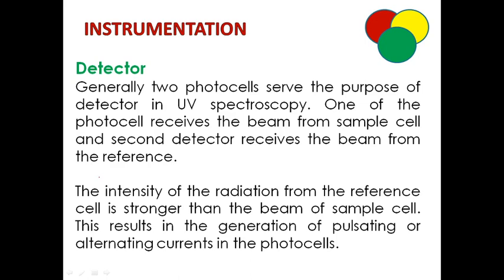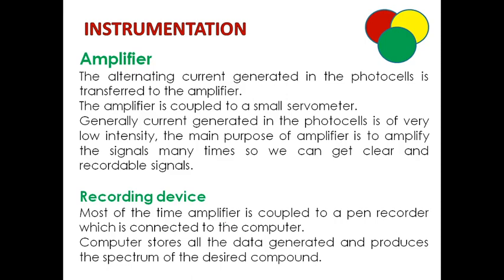These two beams are arranged in the detector and as a result alternating current can be generated. This generated alternating current will be passed to an instrument called the analyzer, or amplifier.